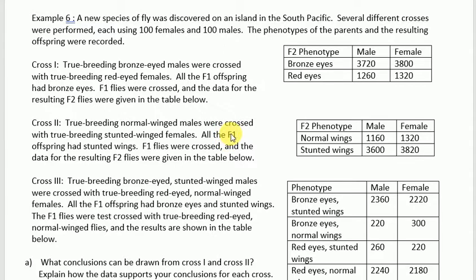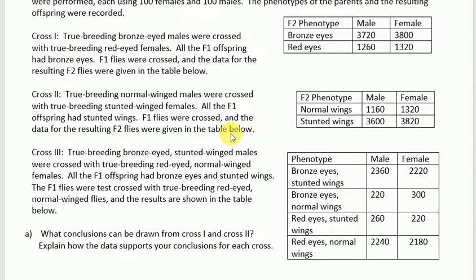Okay, so A says, what conclusions can be drawn from cross 1 and cross 2? Explain how the data supports your conclusion for each cross. So cross 1, the information that they gave us right here: all the offspring had bronze eyes. So the first thing that we know is that bronze is dominant.